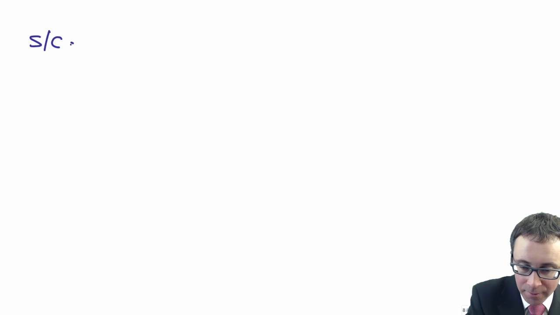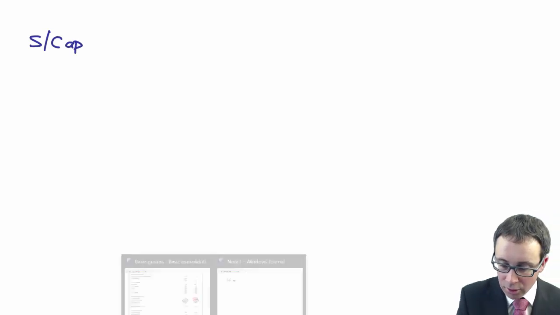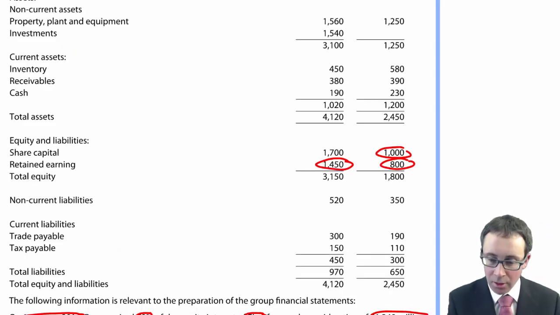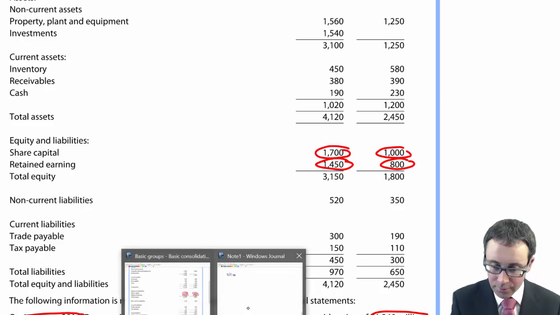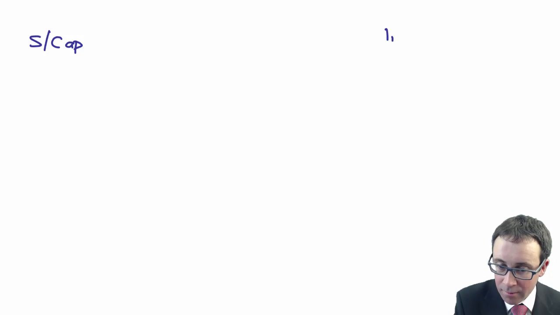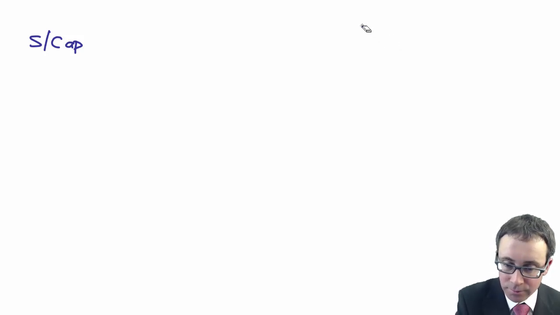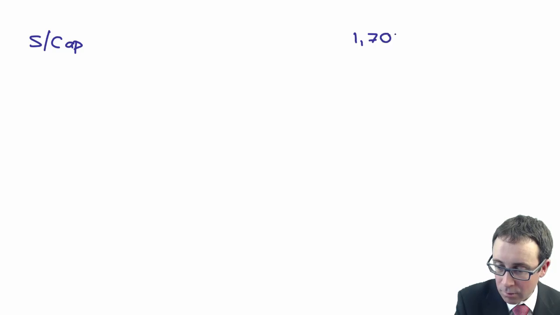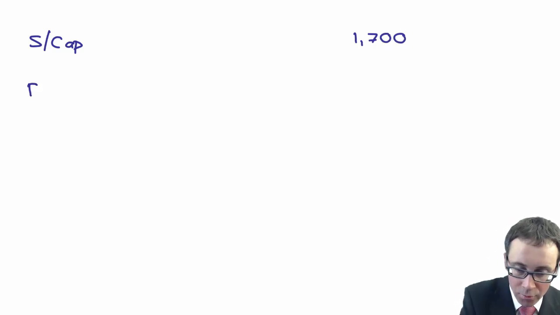Then what we've got is the equity section. So we've got share capital. Remember, it's 100% of the parent share capital only. So is that 1,700? So we've got the 1,700. Group retained earnings are there.